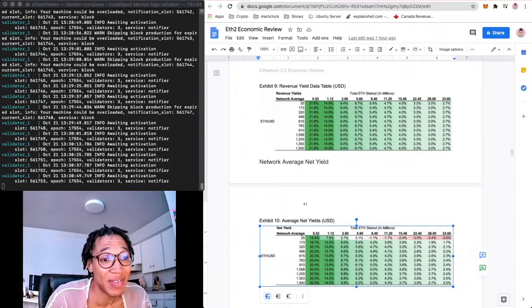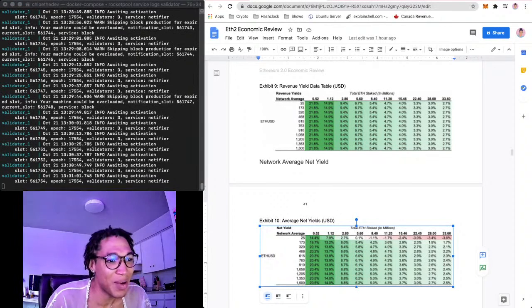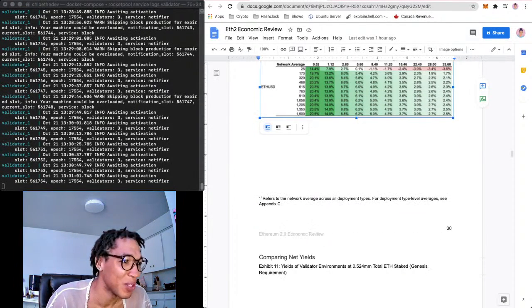If the price of ETH stays at $25 and 33 million ETH was staked, the net yield for the network would be -3%. See, that's kind of confusing.